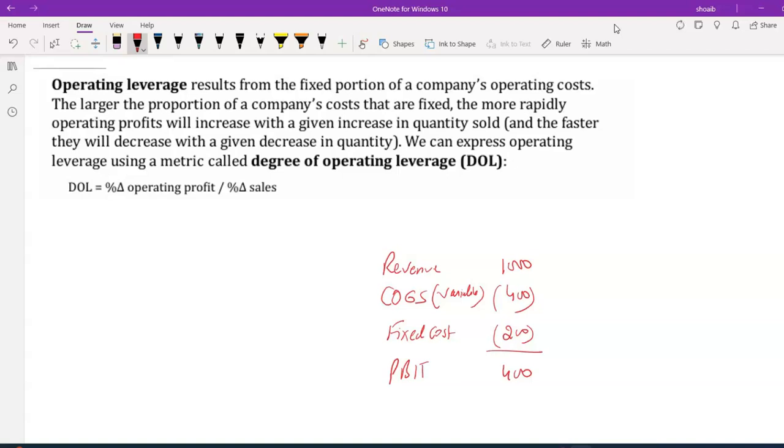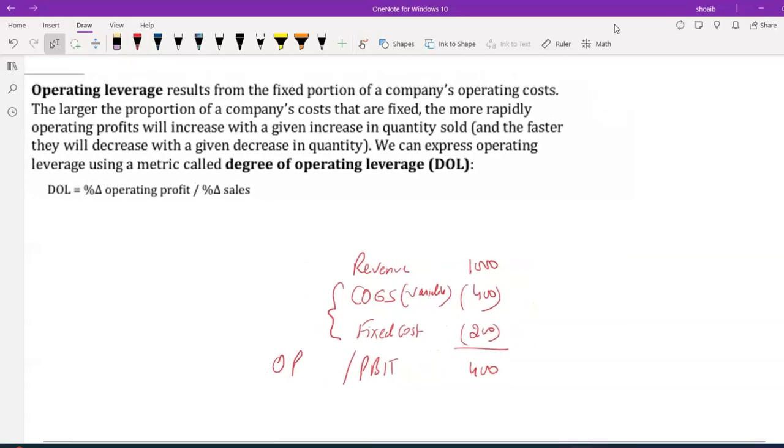So revenue minus variable cost minus fixed cost, that is profit before interest and tax or operating profit. This is called operating profit. These expenses include two types of expenses: cost of goods sold and SG&A. Cost of goods sold and SG&A have two types of expenses, variable and fixed.